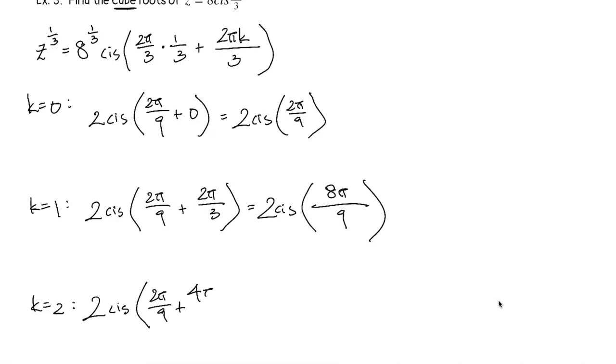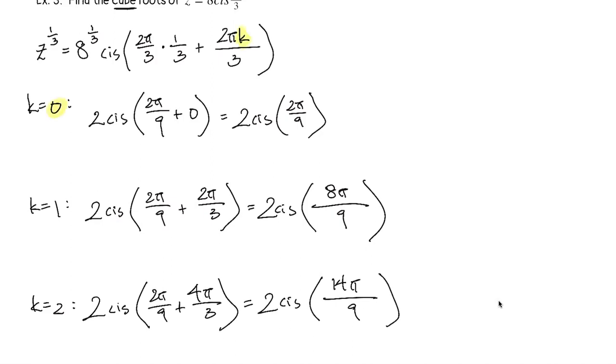So that'll give me 4 pi over 3. And that will, let's see, when we get a common denominator of 9, 12 plus 2 is 14 pi.